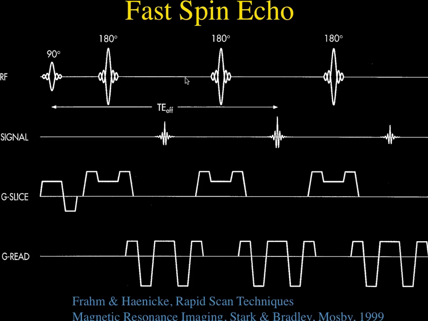Also it turns out that electronically you get a lot of crosstalk between the echoes with fast spin echo imaging. One of the results is that in the old days on T2 weighted images, fat wasn't very bright, because with long TRs the fat signal drops off because of its short T1.